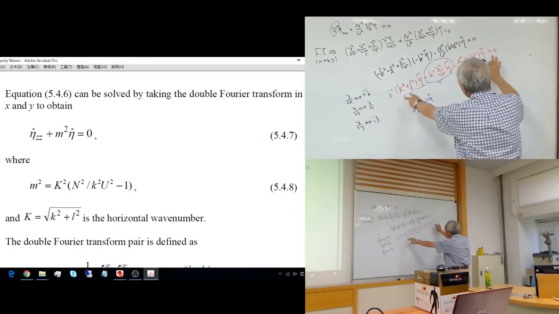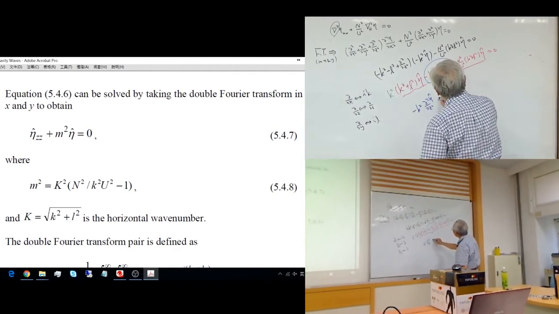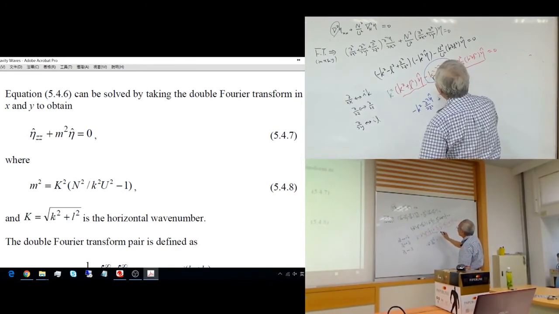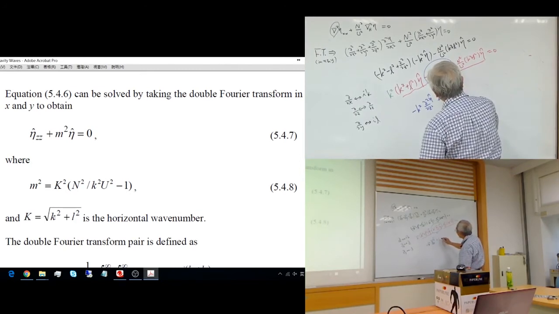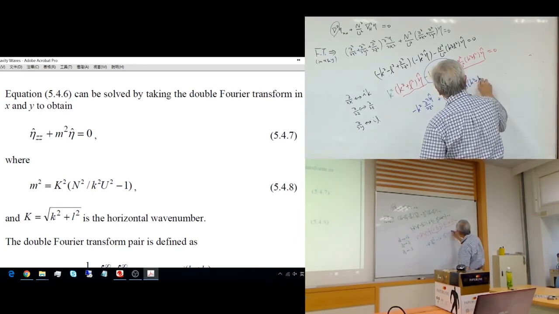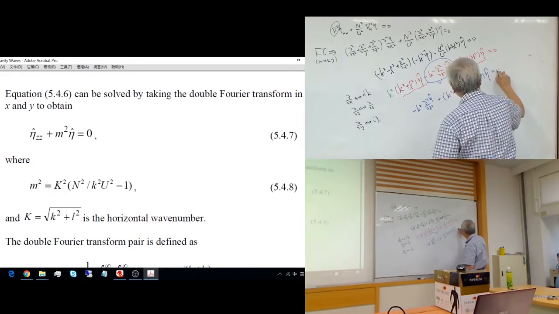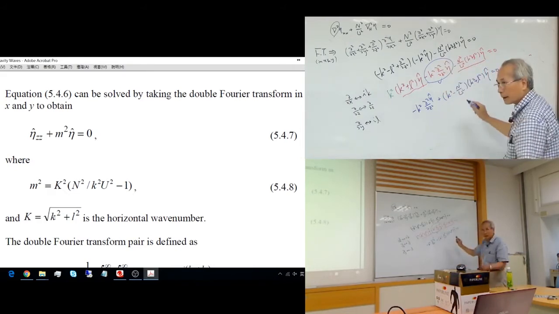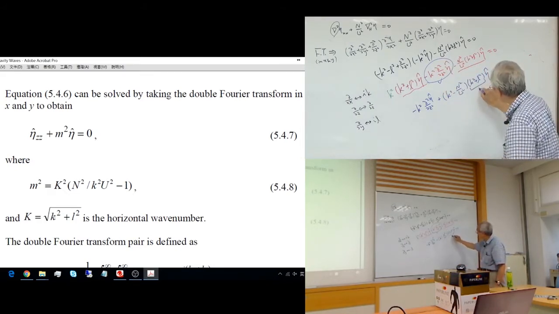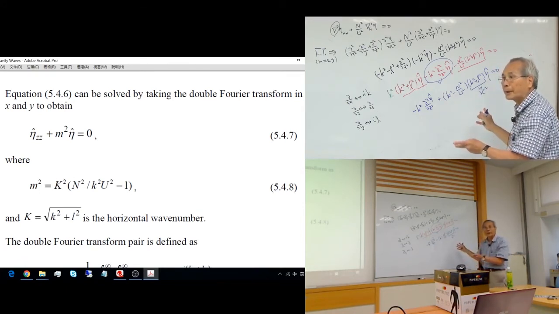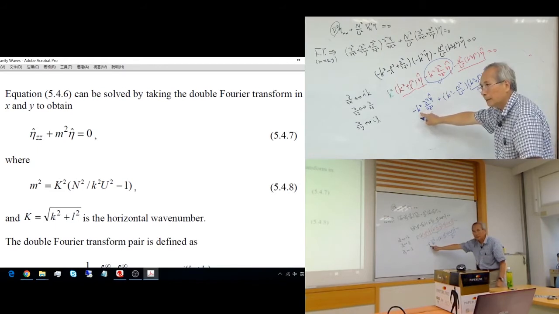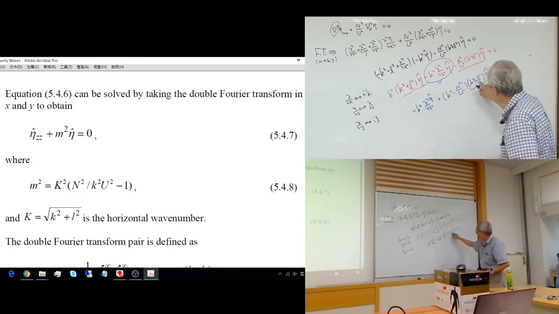And then these two, we can have K squared minus N squared over U squared times K squared plus L squared, that's eta hat equals 0, right? Okay, that is correct now. So this one we define as kappa squared, that's the horizontal wave number, and K is the x wave number, this is the y wave number.